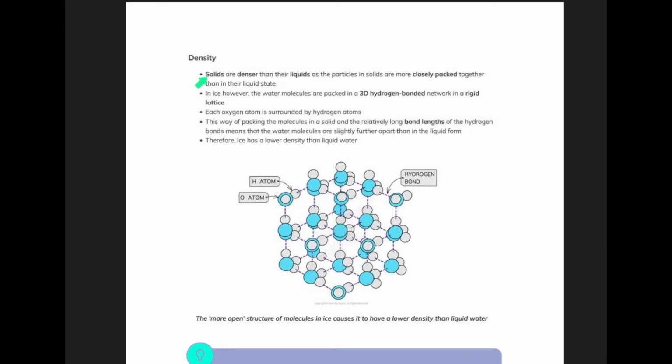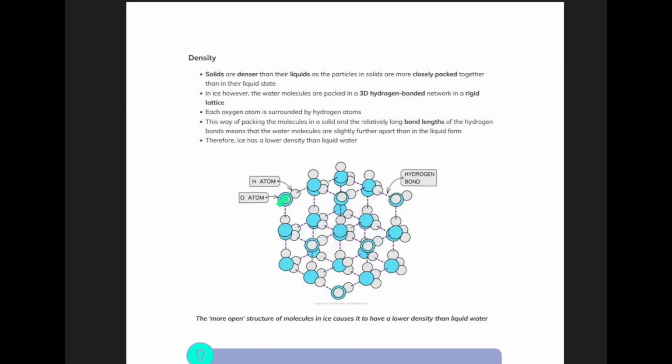Normal situation, solids are denser, but in ice, the water molecules are packed in a 3D hydrogen bonded network in a rigid lattice. So which means like this. Okay, so you can see there are open spaces here because of the hydrogen bonds.